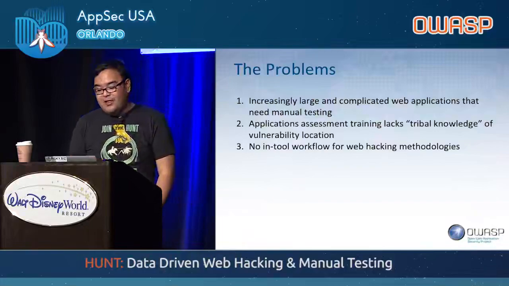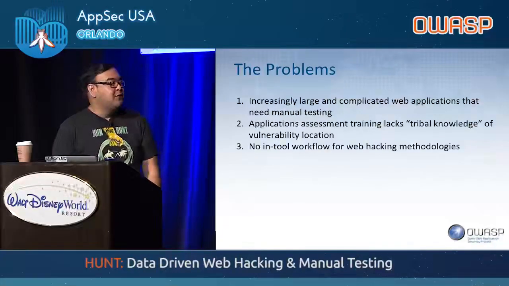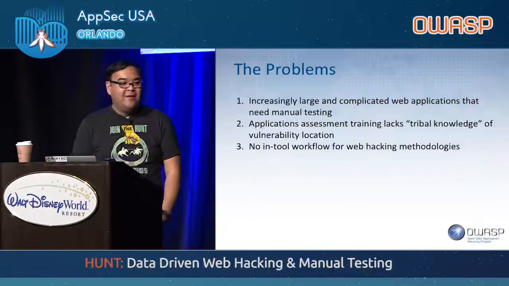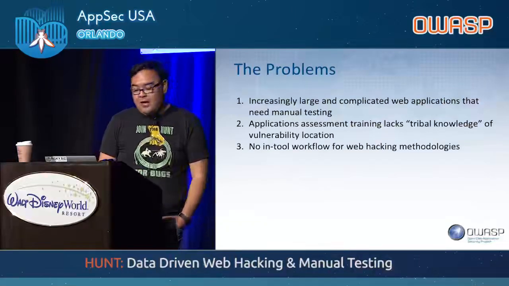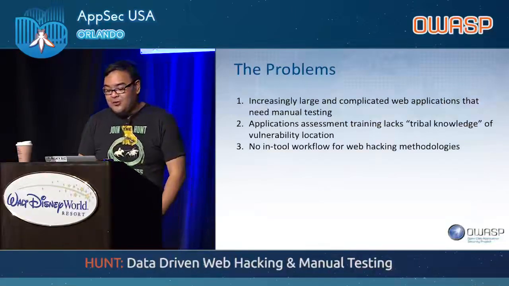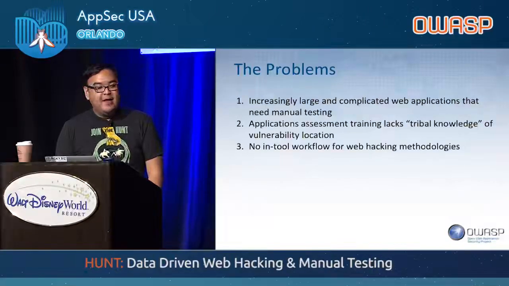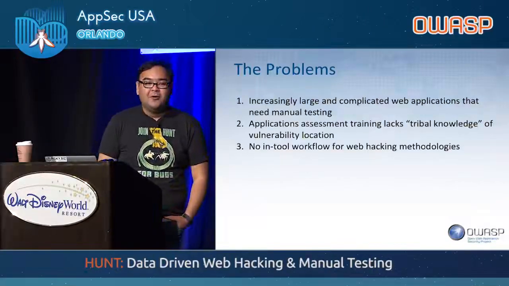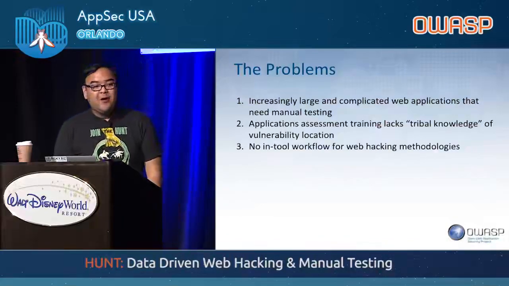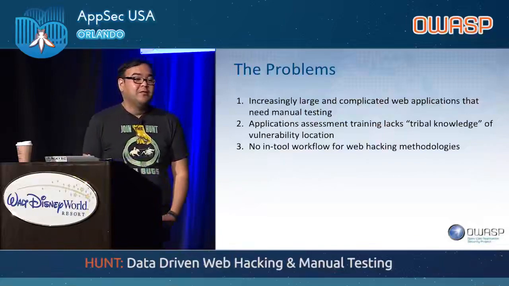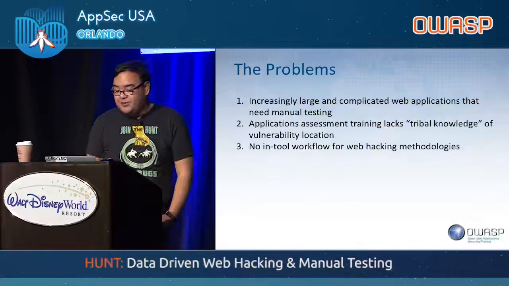They have a lot of dynamic content, whether it's JavaScript, HTML5, stuff like that. There's going to be a lot of dynamic parameters, hundreds and hundreds of parameters. And as a manual tester, how do you tackle that, right? It's going to be hard to just do manual testing with the sheer amount of injectable entry points on these applications.